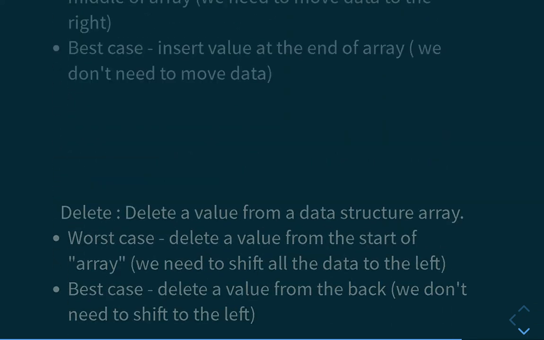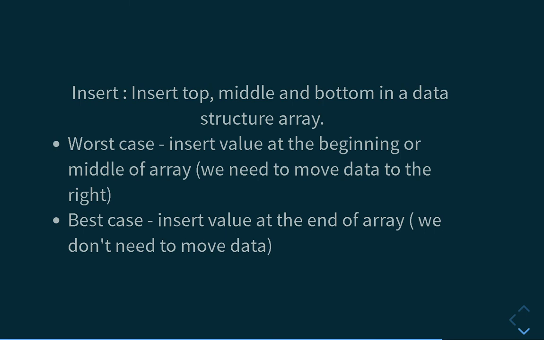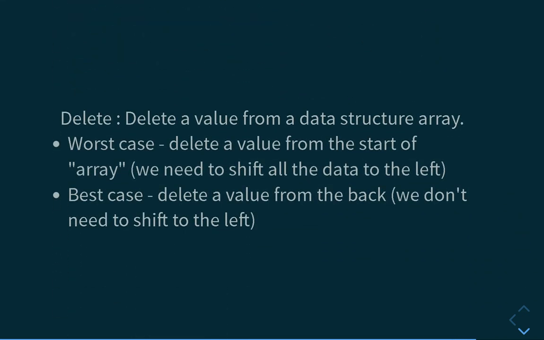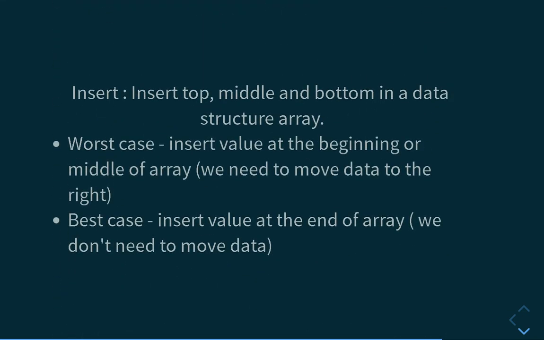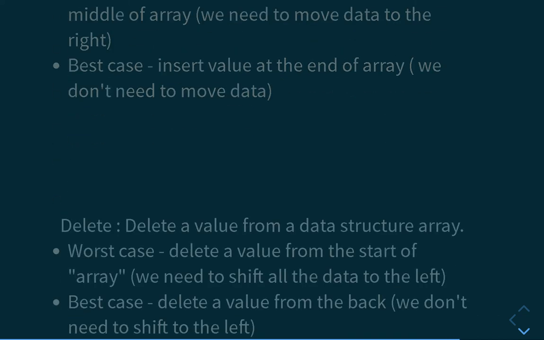And also the middle, same as inserting at the start of the array. We have to shift the right side of the data and create a gap, and insert our data in the middle. So that's why it takes a little bit less than inserting at the start, but yeah, still slower.